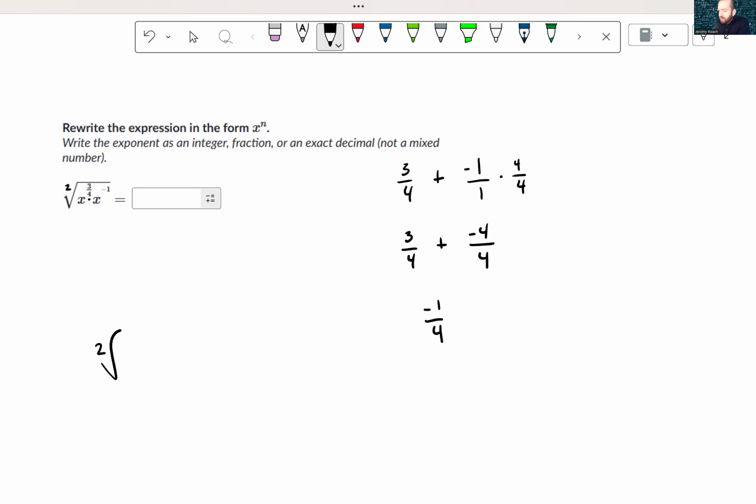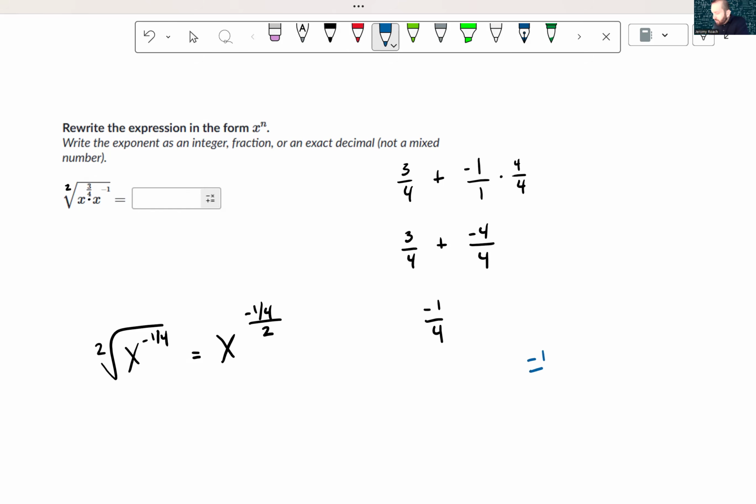So now this is the square root of x to the -1/4. So that equals x to the negative 1/4 over 2. And I'm just writing my fractions that way to be a little more clear of how to keep those organized there. So now we're going to just focus on the fraction part again. I'll write it in blue so we don't get confused.